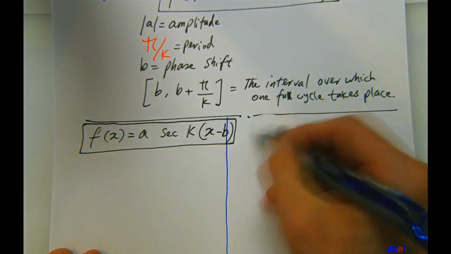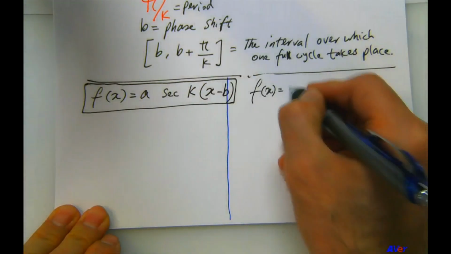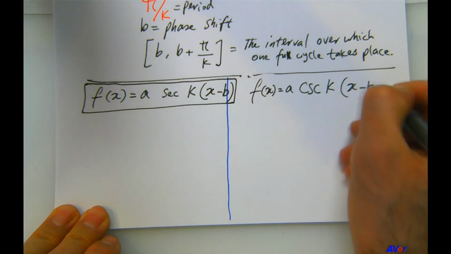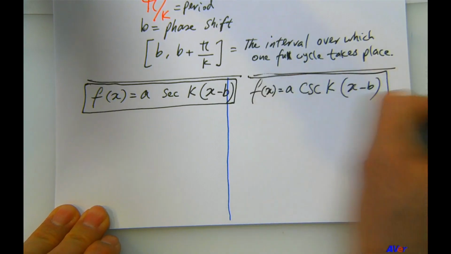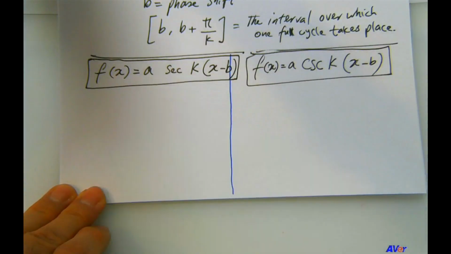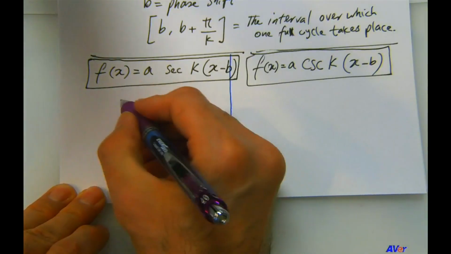And let me put the cosecant function here. Like that. I'm just going to put the period because everything else is the same as with the other four trigonometric functions.